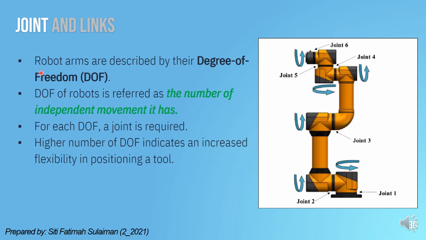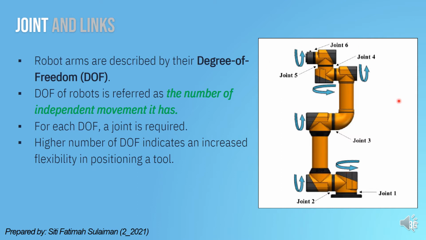A higher number of DOF indicates increased flexibility in positioning the tool, meaning that the higher the number of degrees of freedom, the more flexible the robot positioning tool. So I repeat, the number of degrees of freedom indicates increased flexibility in the positioning tool of a robot.